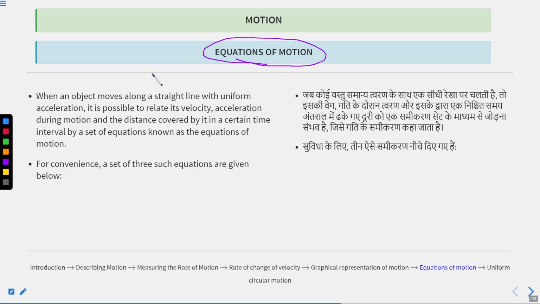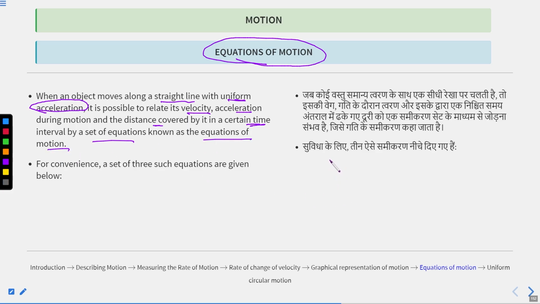When an object moves along a straight line with uniform acceleration, remember, for equations of motion, acceleration should be uniform. It is possible to relate velocity, acceleration during motion, and distance covered in a certain time interval by a set of equations known as the equations of motion.